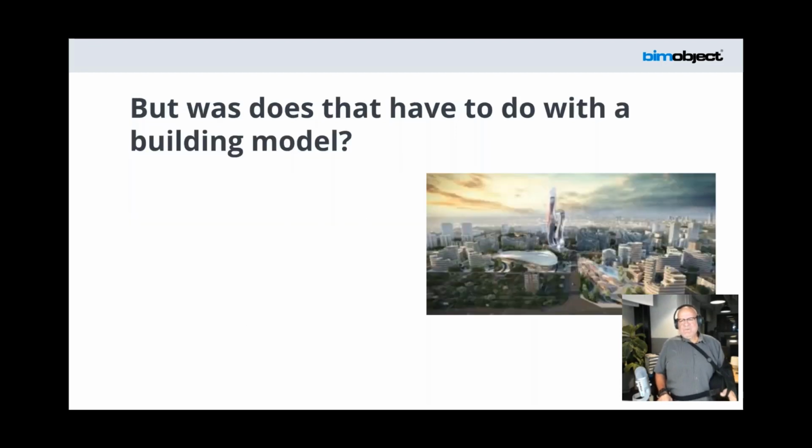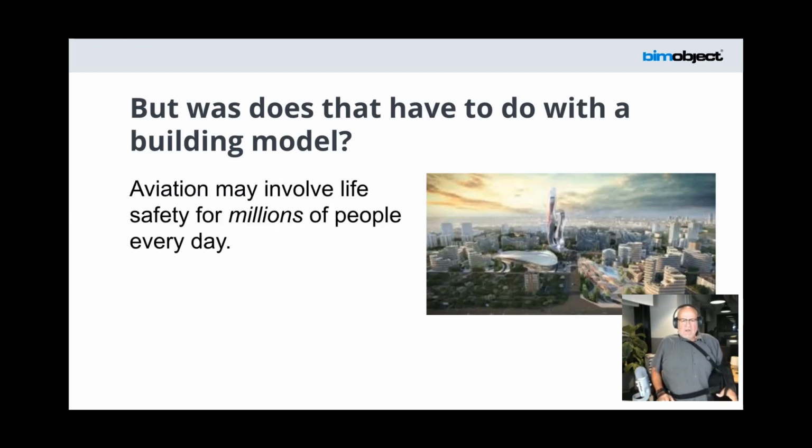But Steve, wait a minute. What the heck does aviation and aerospace have to do with it? We're building facilities here. That doesn't apply. Well, aviation may involve the life safety of millions of people every day, and that was one of the impetuses, they needed to have this figured out before we went flying.